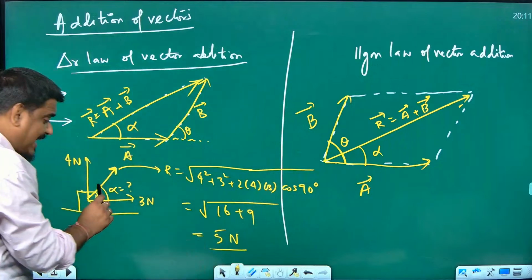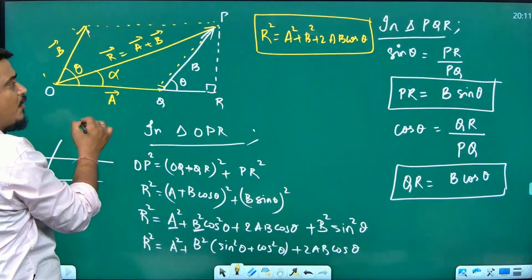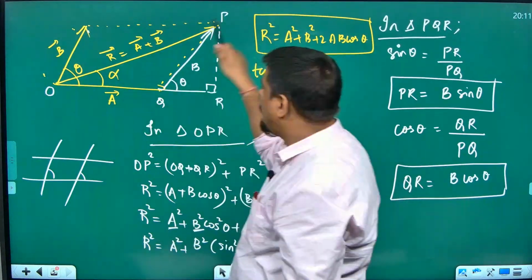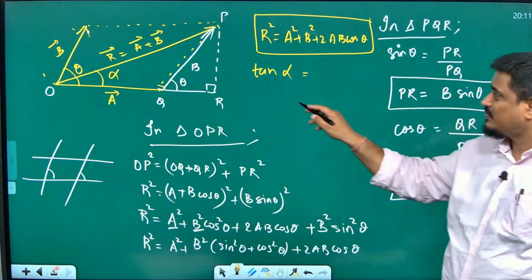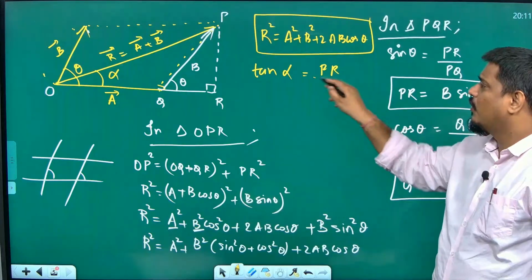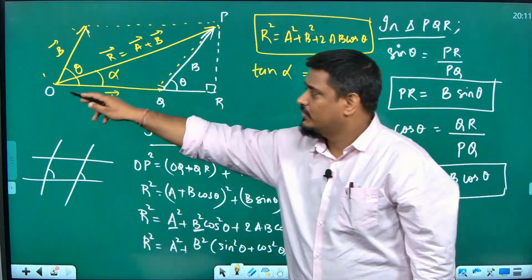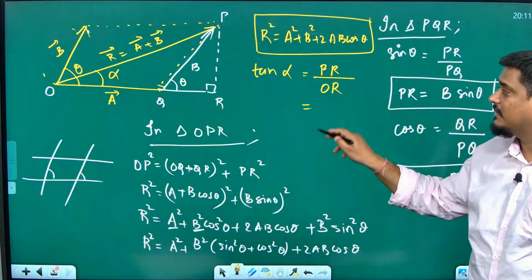And which direction is it acting? Let us learn that also. We can find direction easily. This is alpha. How to find direction of the resultant? I will take tan alpha. See in this triangle, triangle OPR. What is tan alpha? Tell me fast. PR by OR. This bigger triangle we are taking. So PR by OR. Am I right? What is PR?